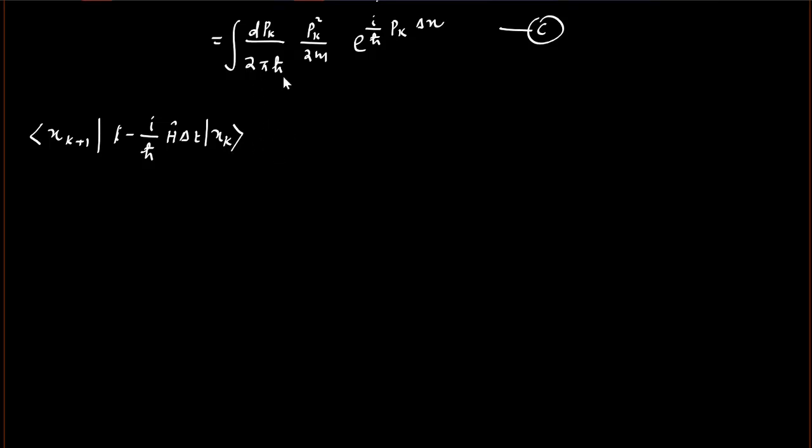For now, if I ignore the constant term, I can write this as proportional to the integration dp_k.